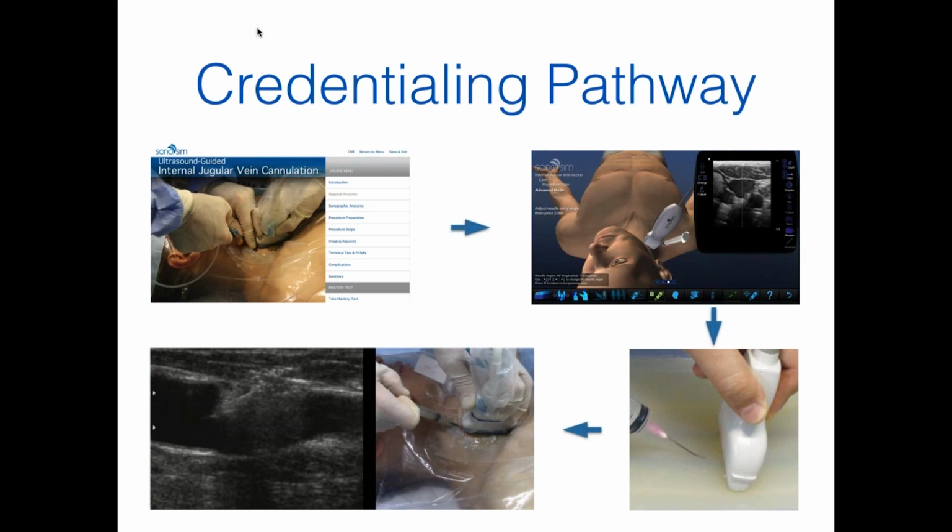But again, they're still within the simulation space. And then they can move to the ICU or their clinical setting and place that line under the supervision of somebody who has been deemed qualified and has already been credentialed. Again, if any refresher training is needed, they can continue those steps once more.